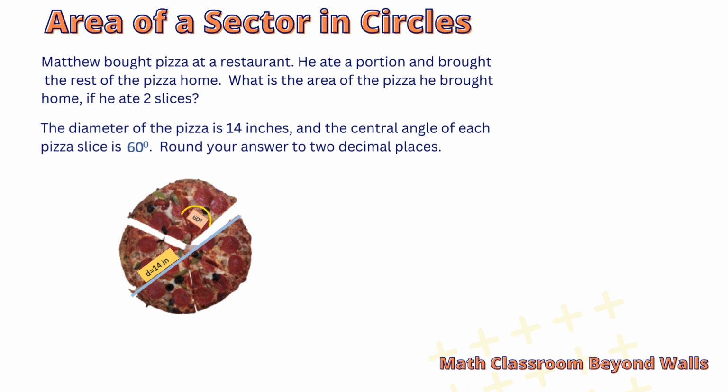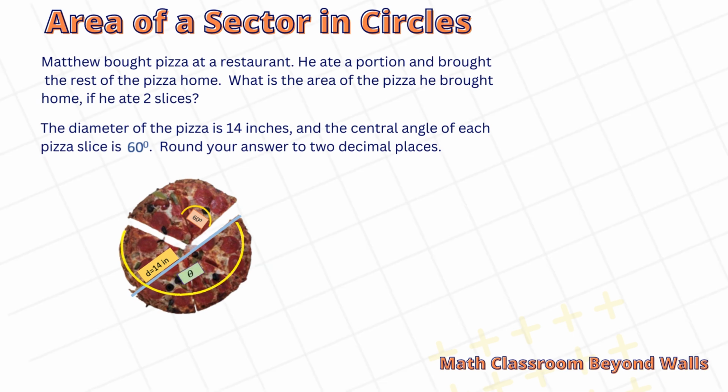To get the area of the 4 slices, we need to know the sector angle theta of the 4 slices and the radius r of the pizza. Let us start with the sector angle theta. Each slice has a sector angle of 60 degrees. 4 times 60 is 240, right?